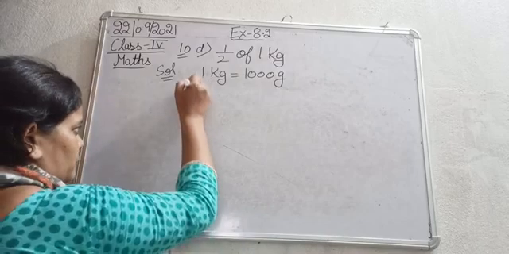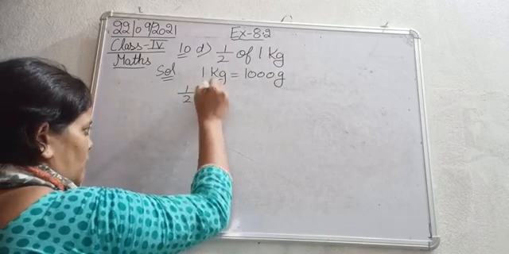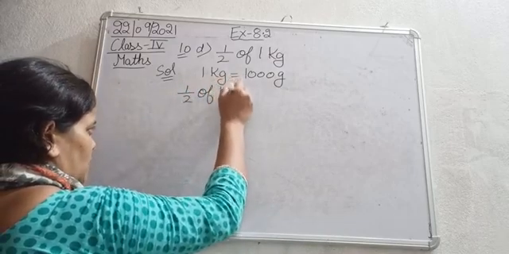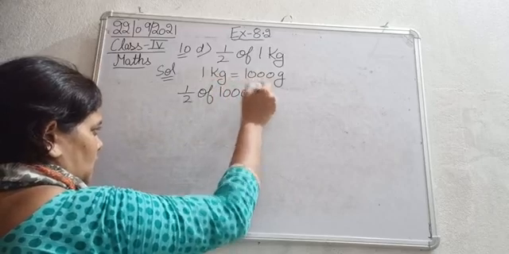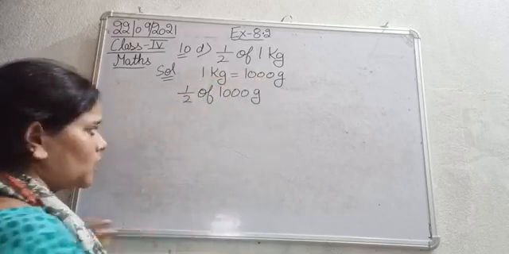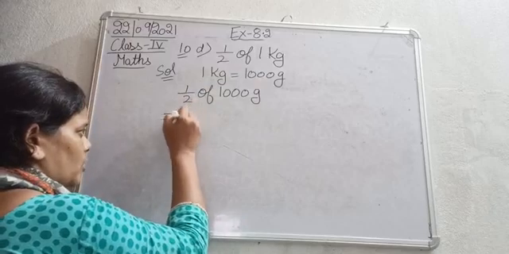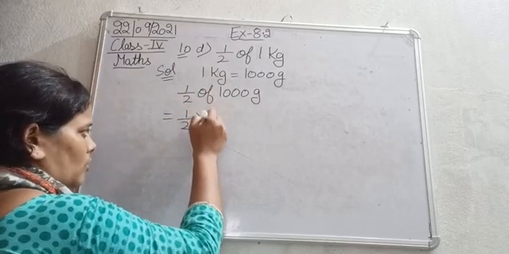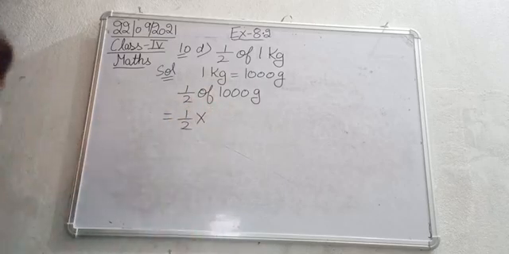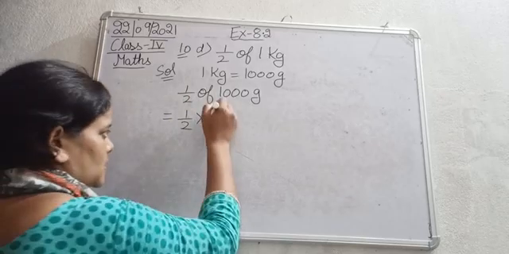So now we have to find half of 1000 grams. 1/2 of will change into the sign of multiplication, and this is 1000.